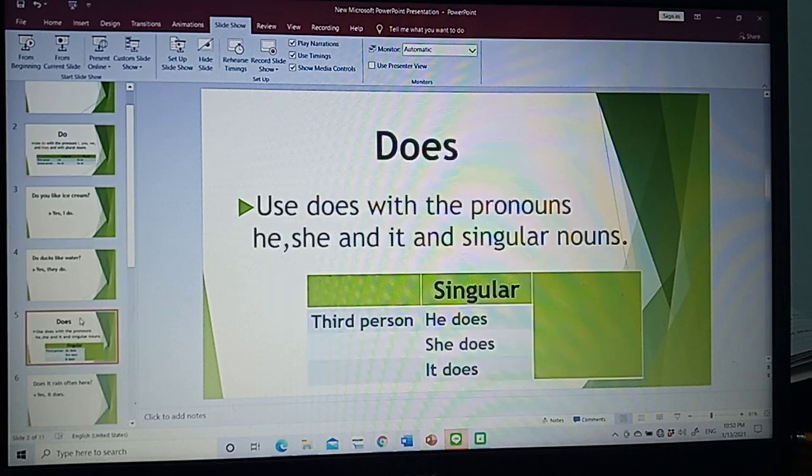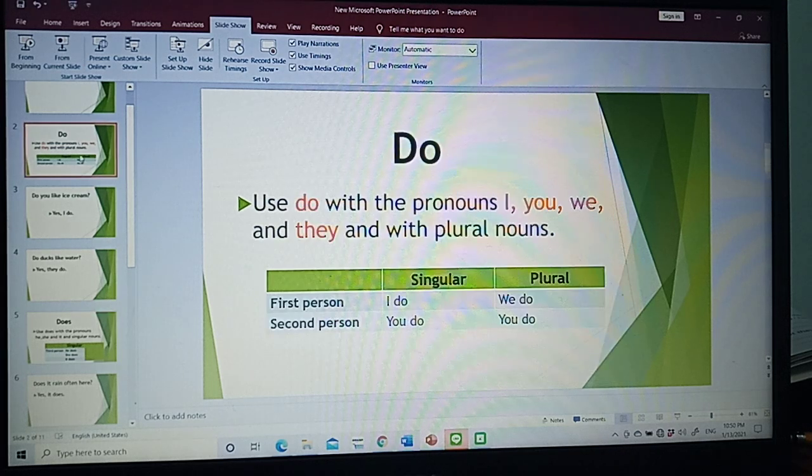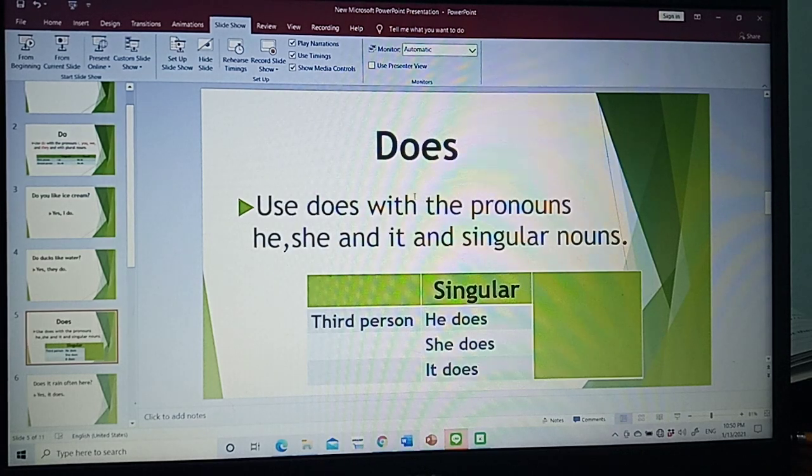But use does with the pronouns he, she, and it, and singular nouns. Okay? Use do if the pronouns are I, you, we, and they. For does, you are going to use does if the pronouns are he, she, and it, and singular nouns. That's how we are going to use does and do.